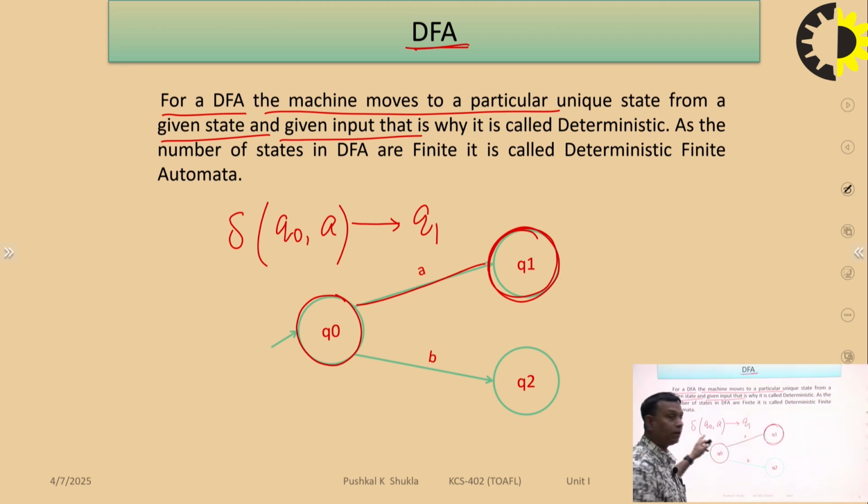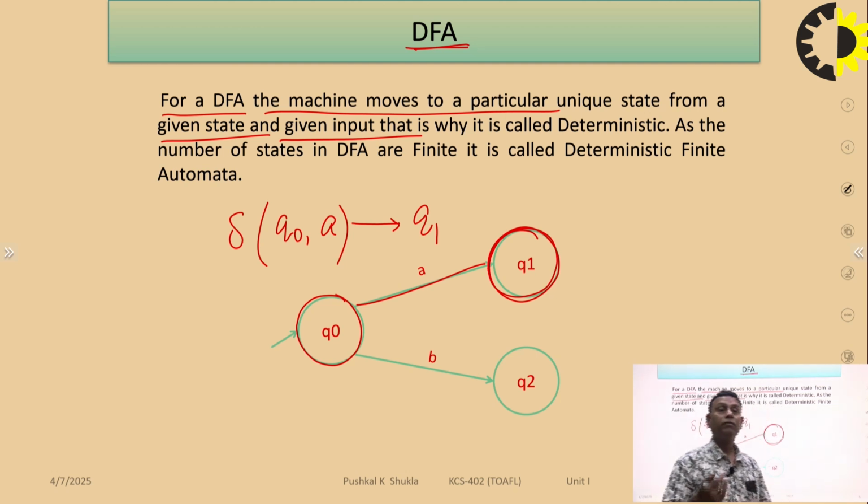The path of the machine from the current state and current input is fixed; it will go to Q1. It is deterministic. Another example of a deterministic system is the hands of a clock, which always move in a clockwise direction. So it is fixed.